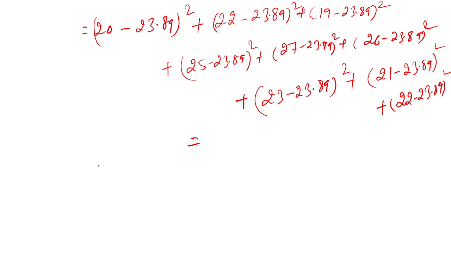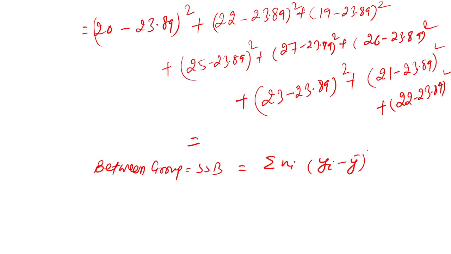So the next step is to get the between-group SSB. What is the formula? Ni times Yi bar minus Y bar total, whole square.